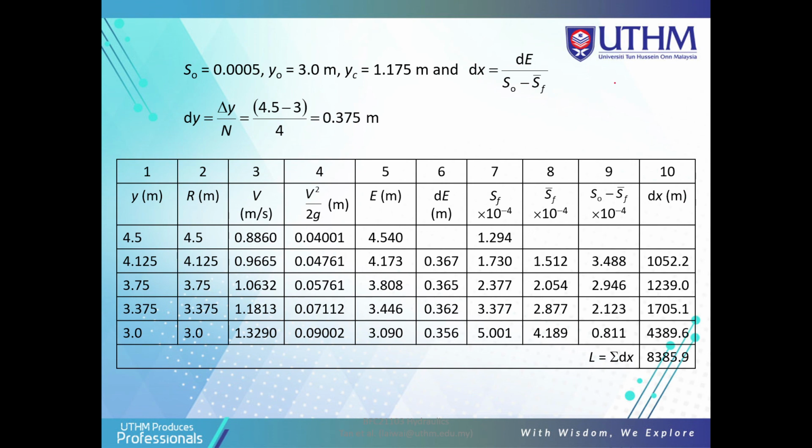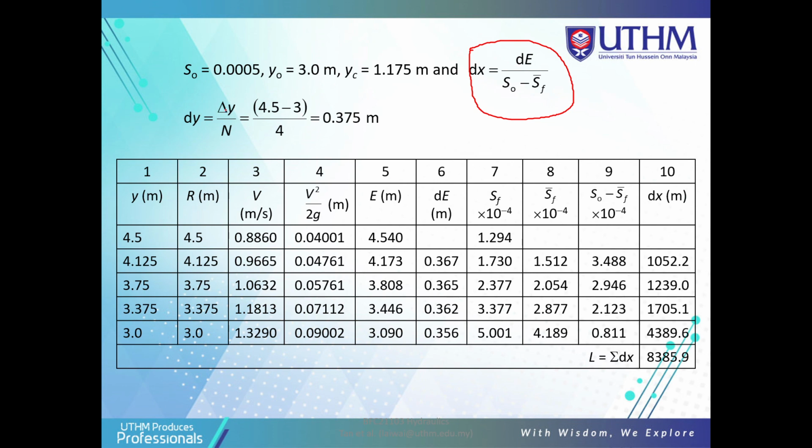Okay, so look at the direct step method. We have 1 until 10 columns. Okay, so this is more complicated. The third method is more complicated, but you must know the columns, every column has a value. Okay, so s naught, y naught, yc, and this is the equation for direct step method. To the first column, you must find the y.